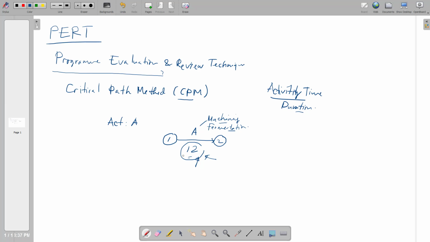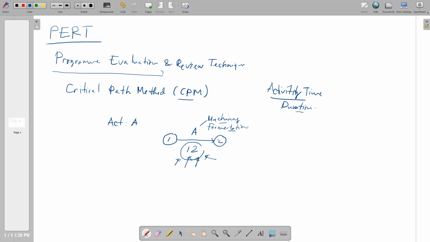Where do you get this number? How did you get the 12? Well, it could be from your estimation, or from previous data. But in the practice of project management, setting the activity time at one exact number, like this 12 time units, is quite rare because it is impractical.